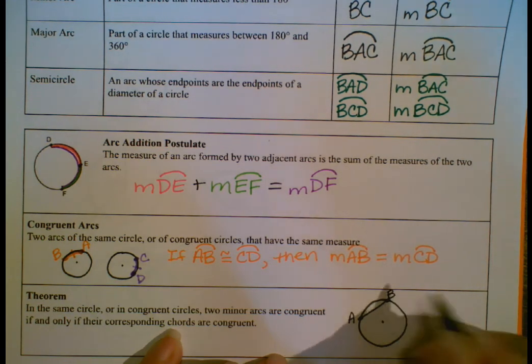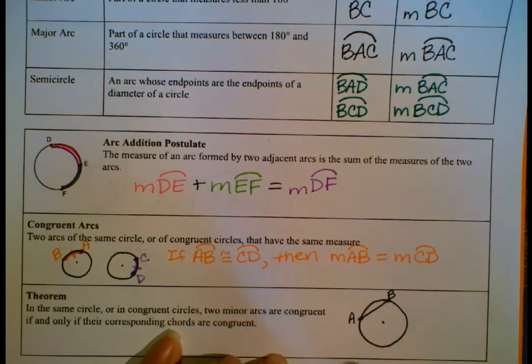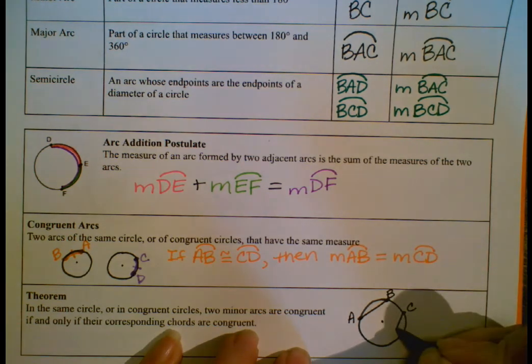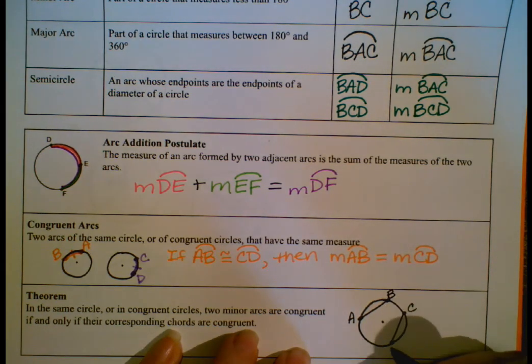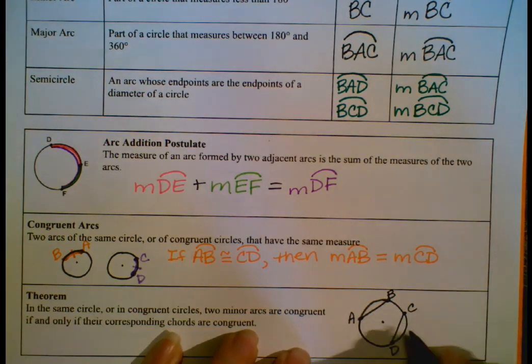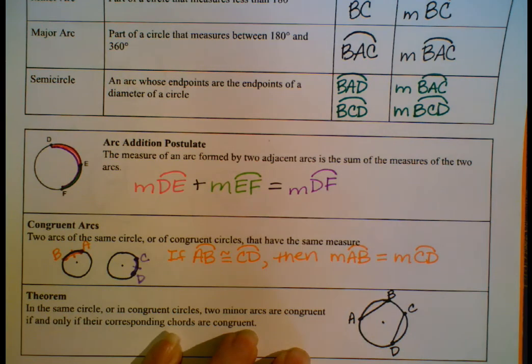Remember, a chord from our last set of notes is a segment that connects two points on the circle. So I'm using A and B there. We'll use C and D on this one. And there again, I've got two chords that are the same length.